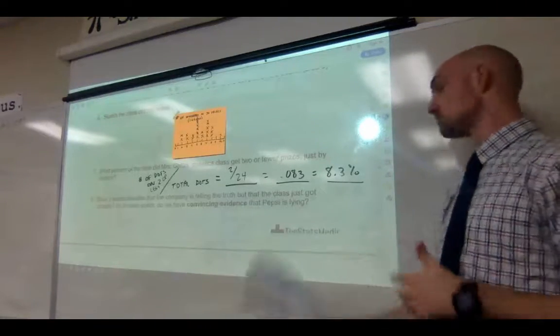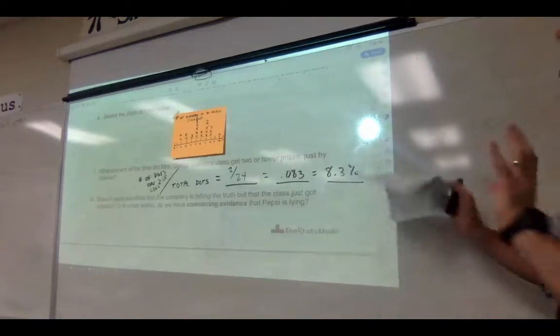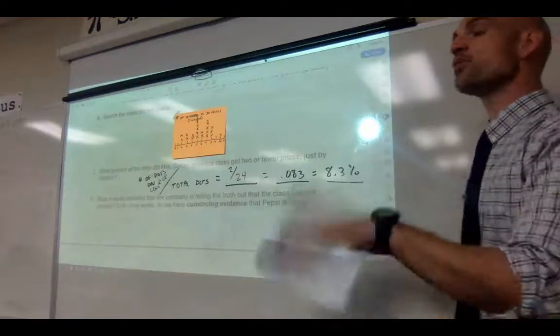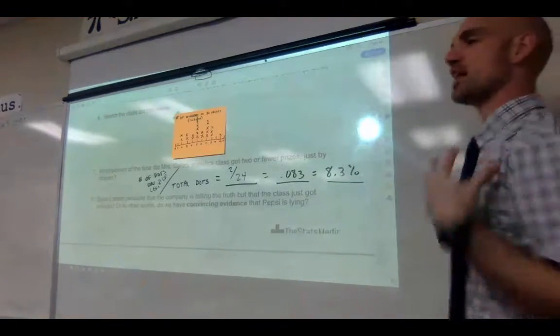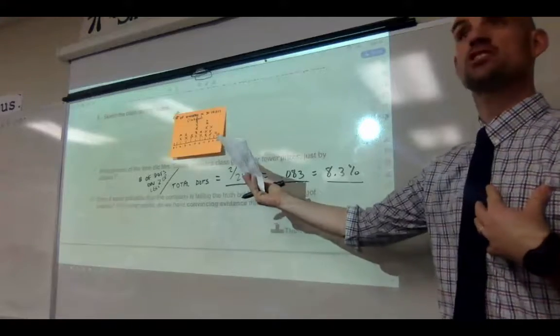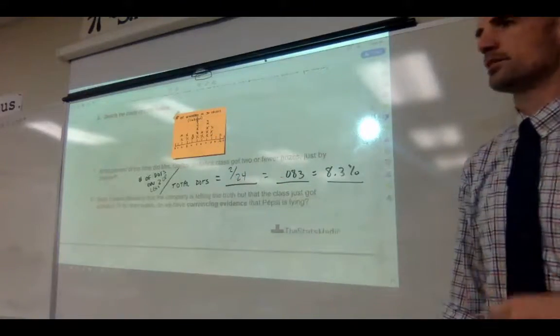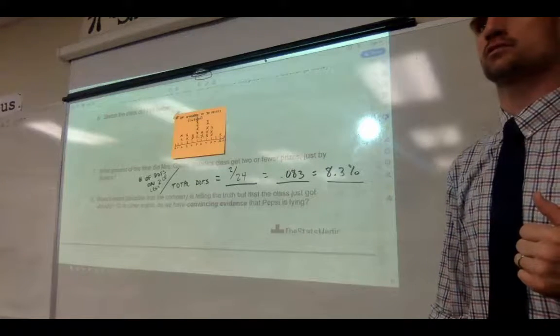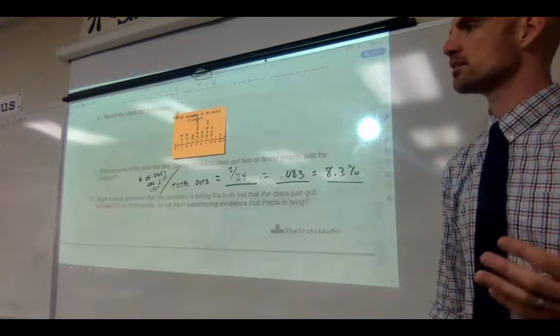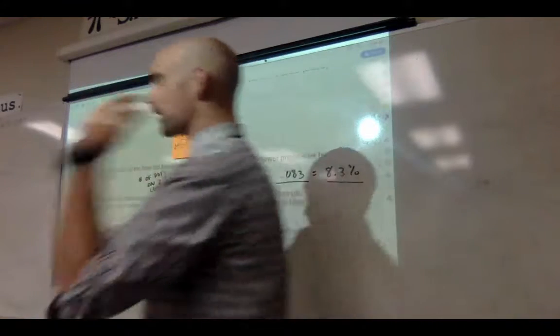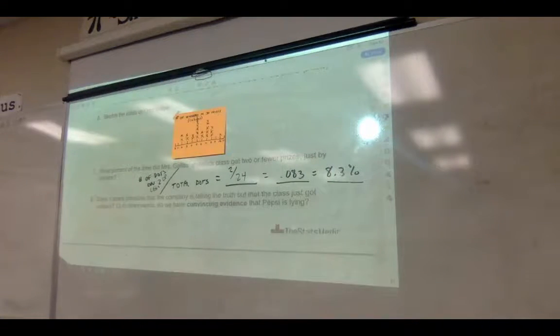So what it means is, in theory, if we ran this contest 24 times with 24 different classes, which is essentially what we just did without the bottles of soda, 8% of the time the classes got 2 or less wins. Is that weird? Now, this is where the question comes in, right? Do you think 8% is weird? A little, but not.